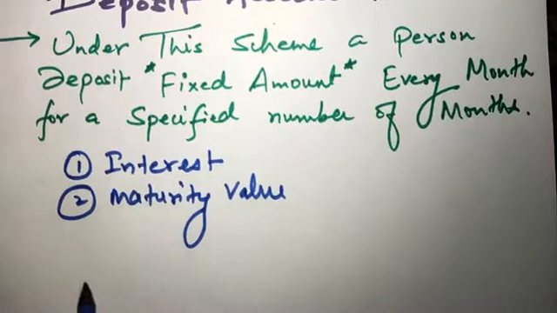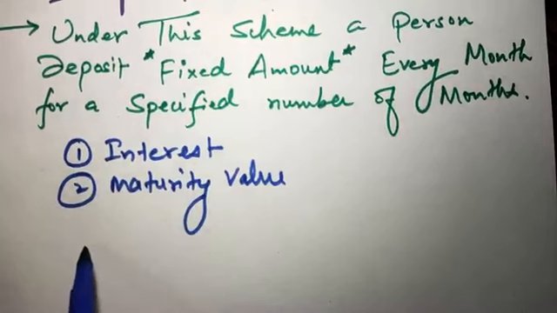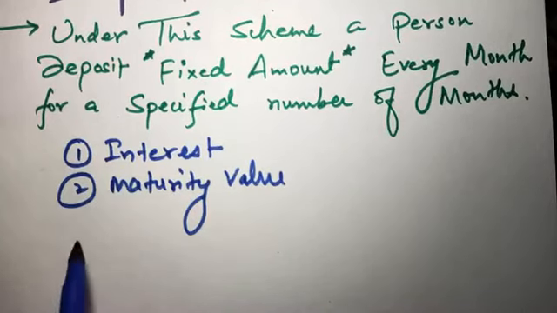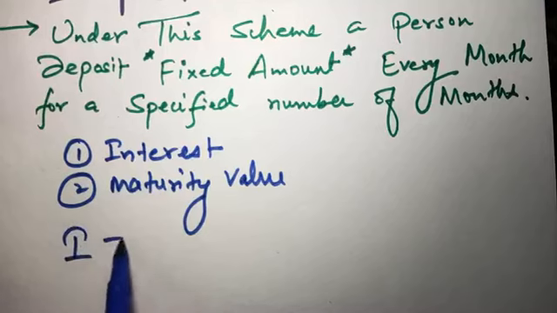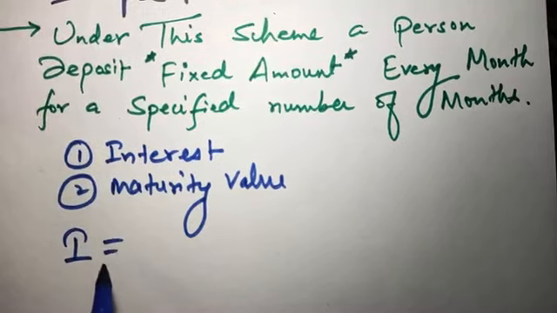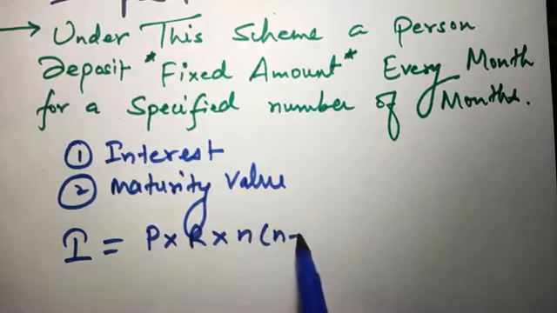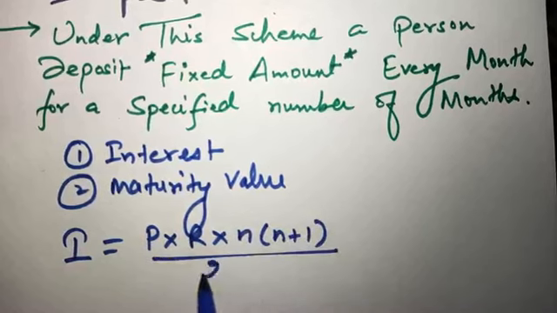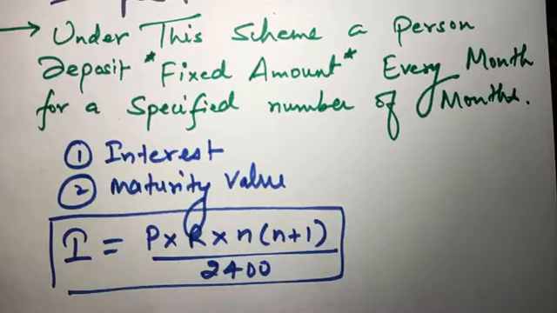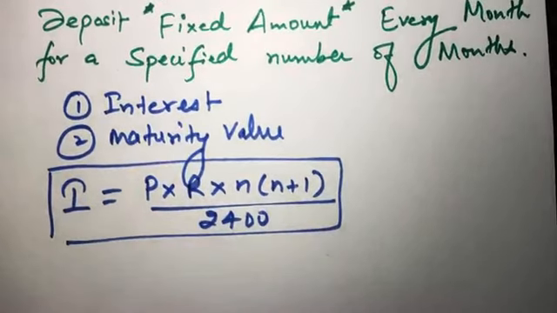So let's see the formula for the interest. You only have to remember the formula, right? The formula for calculating the interest is P into R into N plus 1 upon 2400. This is the formula for finding the interest.